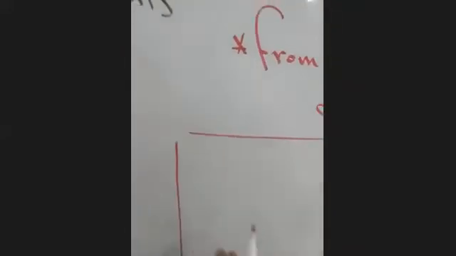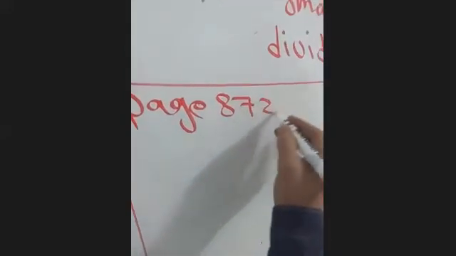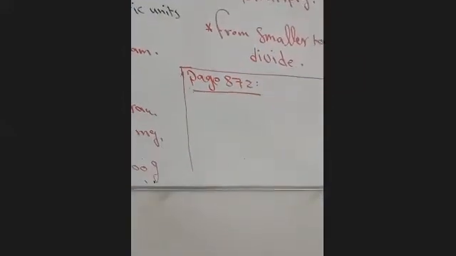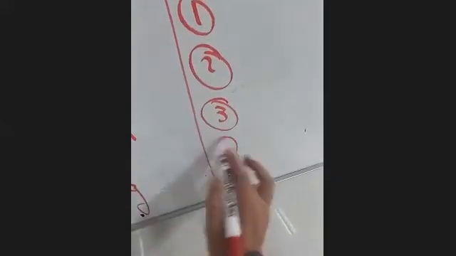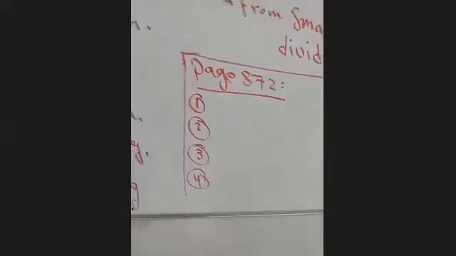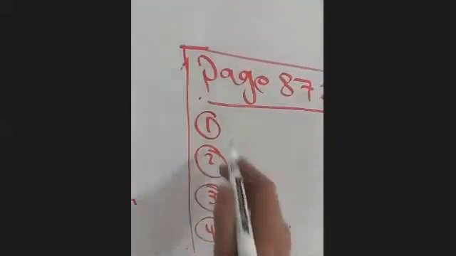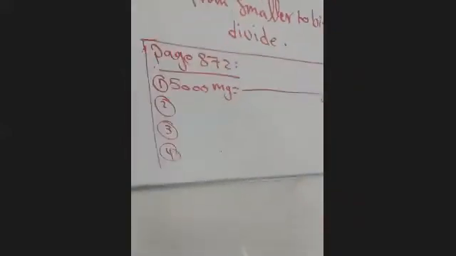I will solve for you the first 4 questions on page 872. Question 1: 5,000 milligram, I want to turn it to gram.